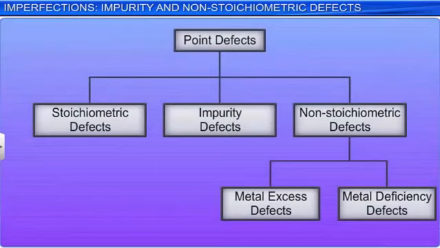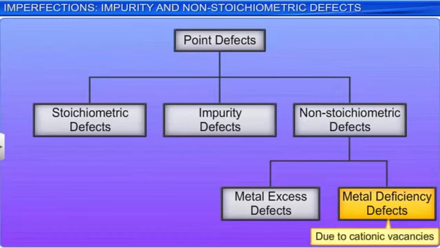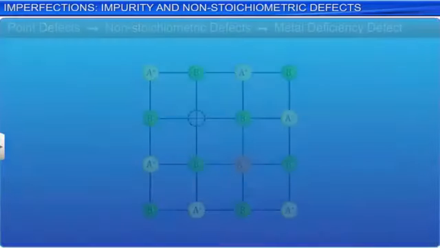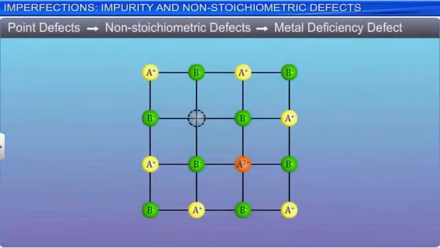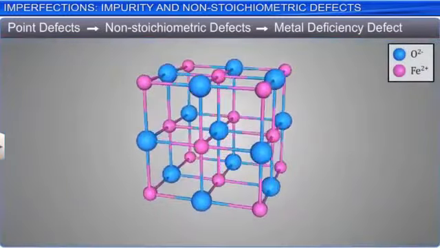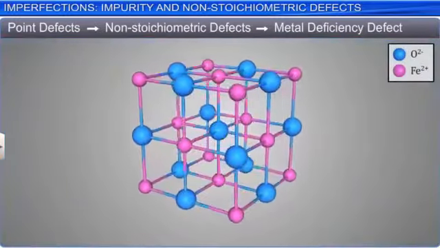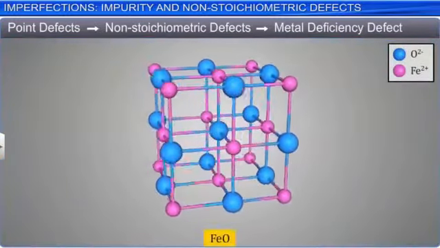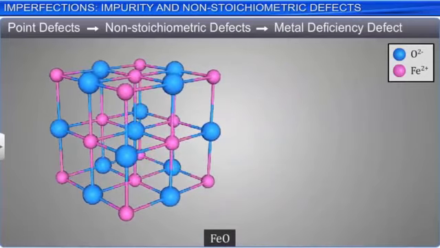The other class of non-stoichiometric defect is metal deficiency defect. This defect may arise due to cationic vacancies. It occurs when positive ions are missing from the crystal lattice. A typical example of this type is FeO, which is mostly found with a composition of Fe0.95O.